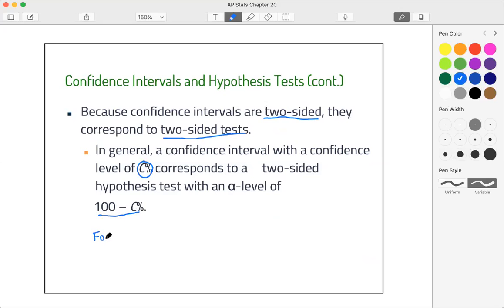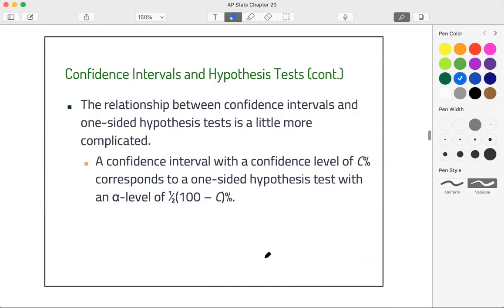So for example, if you have a 90% confidence interval, that is going to directly correspond to a hypothesis test with an alpha equal to 100 minus 90%. And that's going to equal 10%, which we know translates to 0.10 for our alpha level.